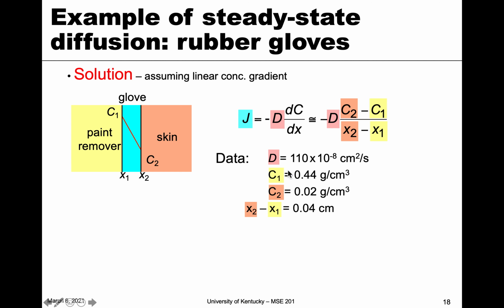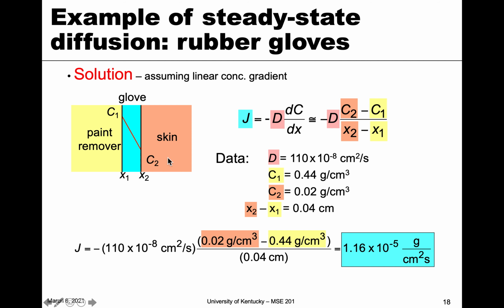And so if we plug in all those values that it gave us, D, which was in units of centimeter squared per second, the concentrations in grams per centimeter cubed, and the thickness in centimeters as well, we get a flux of 1.16 times 10 to the minus 5 grams per centimeter squared second, right?